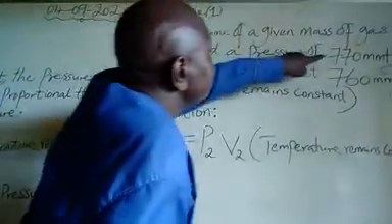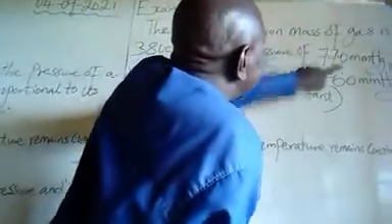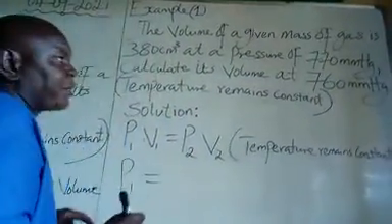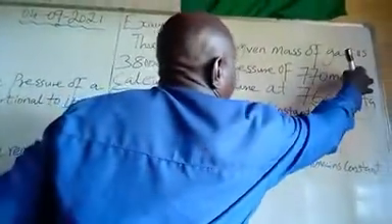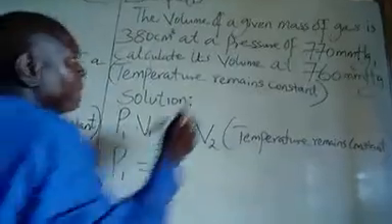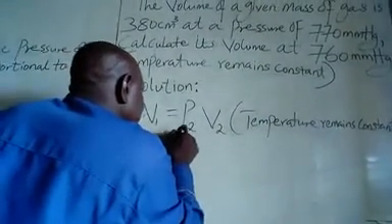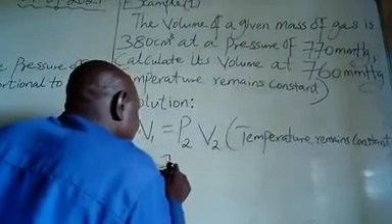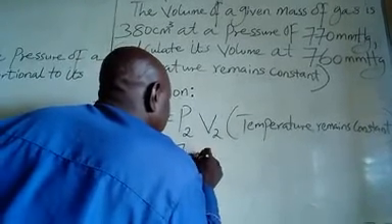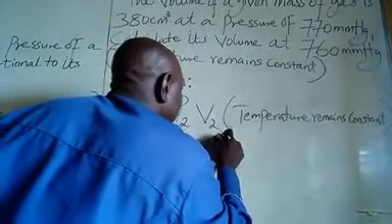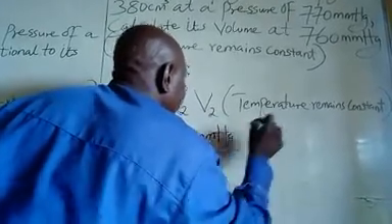Our P1 is 770 millimeter of mercury. Okay?